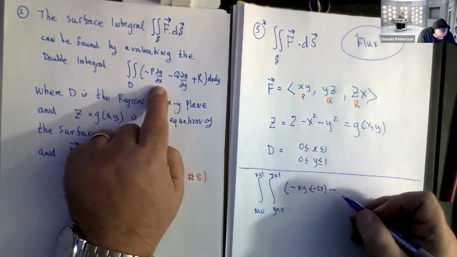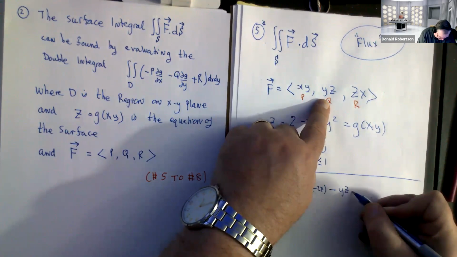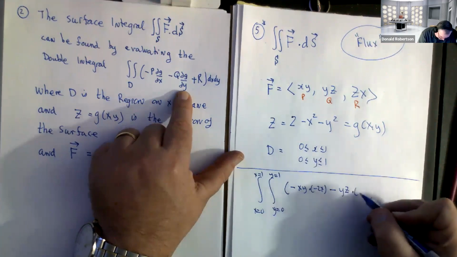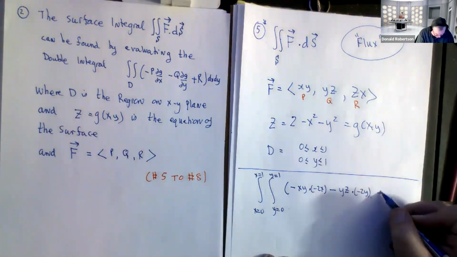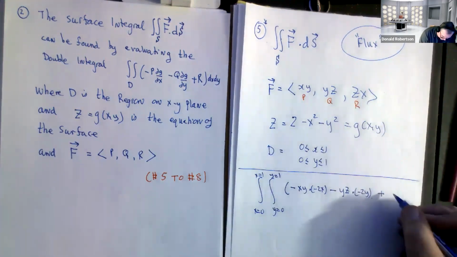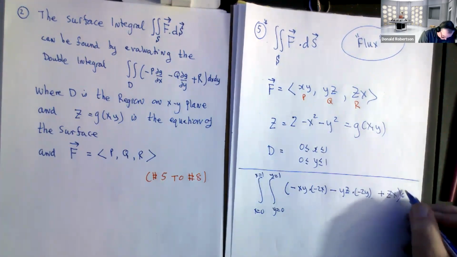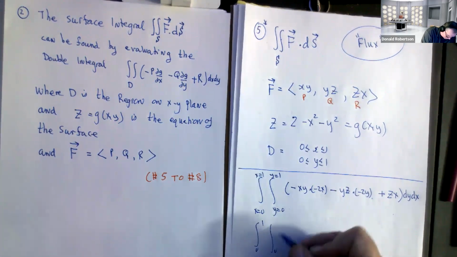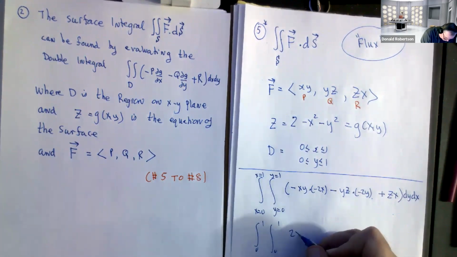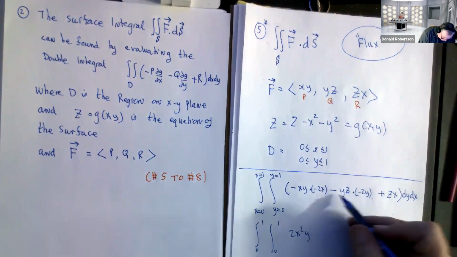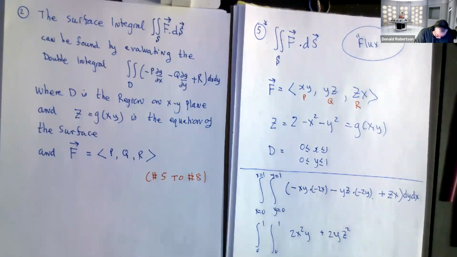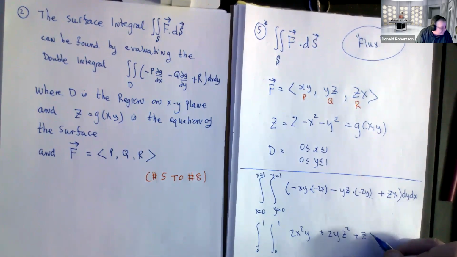Take away Q, which is yz, times the derivative of g with respect to y, which happens to be negative 2y, plus R, and R happens to be, in this case, zx. Let's see what we get. Multiply all this out and you get 2x squared y, positive 2y z squared, and zx.